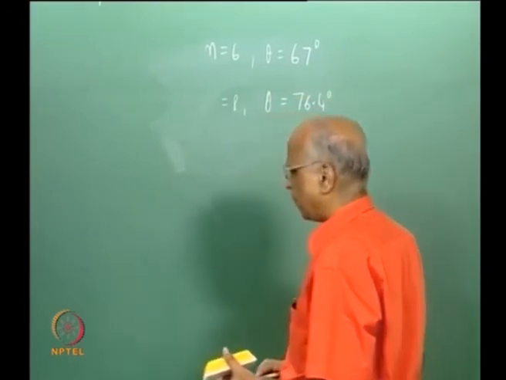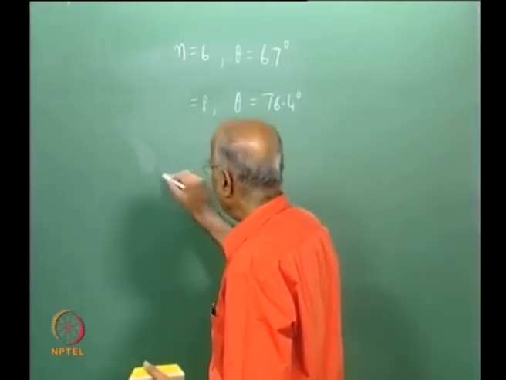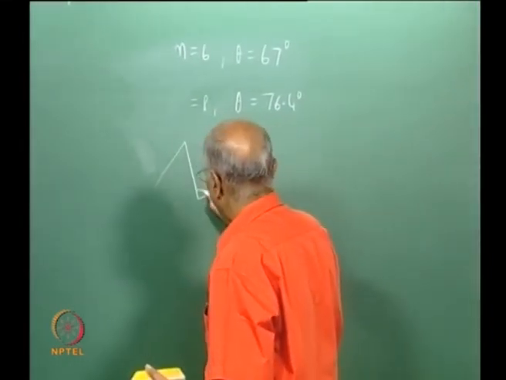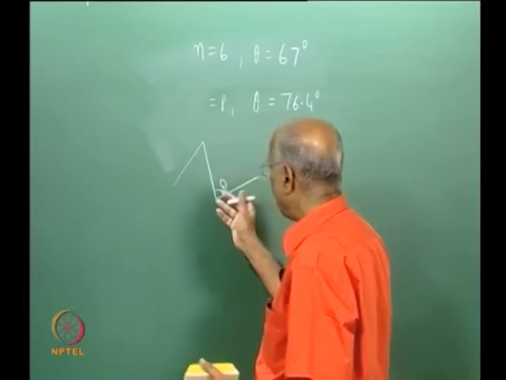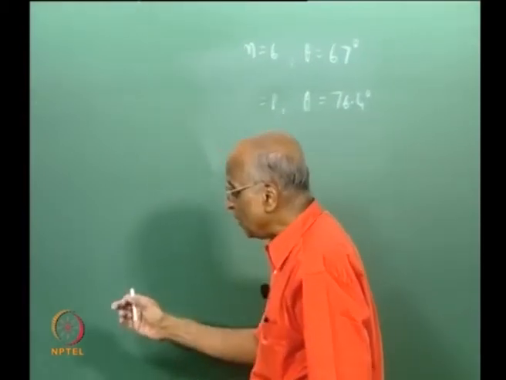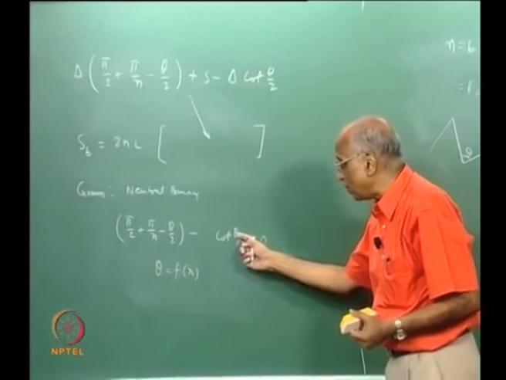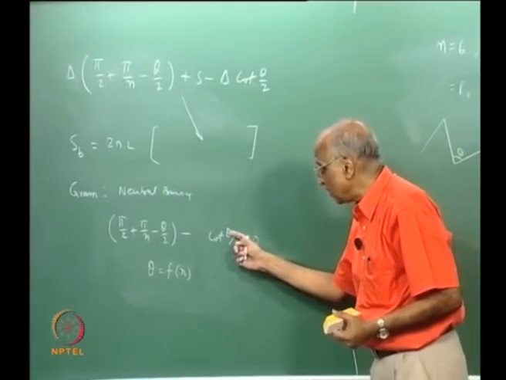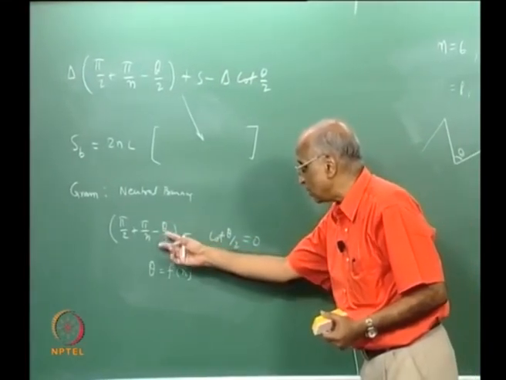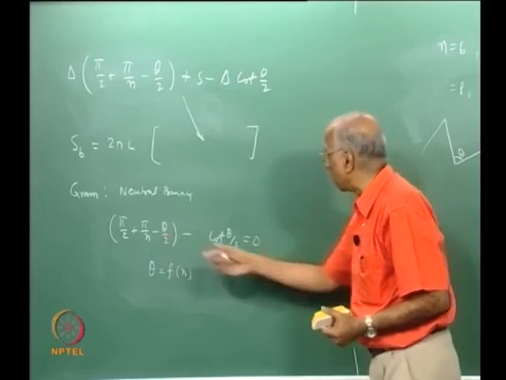In other words, depending on the angle theta, I could have neutral burning. If the angle is less than theta, what happens? The surface area keeps increasing because I am subtracting a smaller quantity.